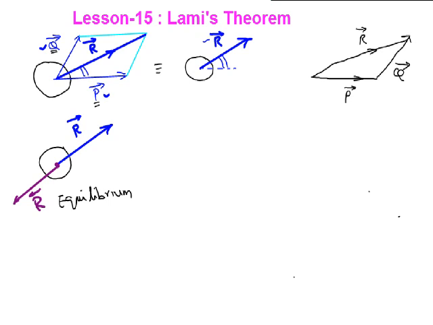There is an axiom to show that. Here we'll do a little trick. We will now replace this R bar with P and Q, because we saw whether we say resultant R bar is applying or whether we say that forces P and Q are applying on the object, the effect is really the same.